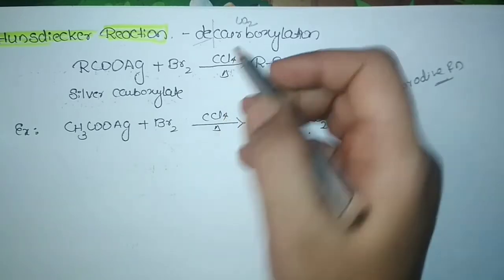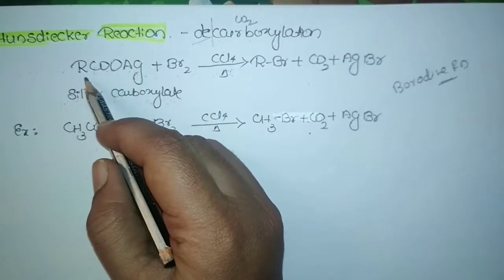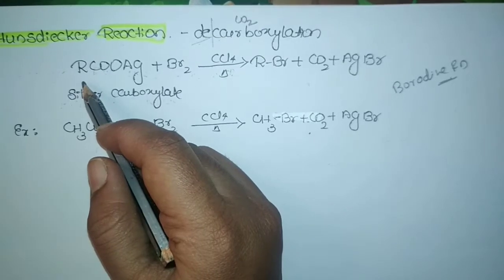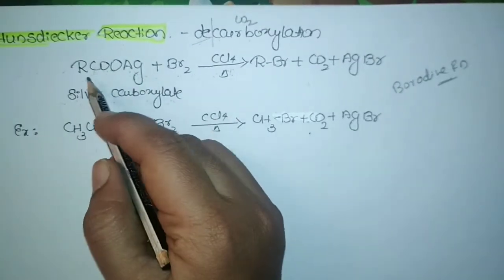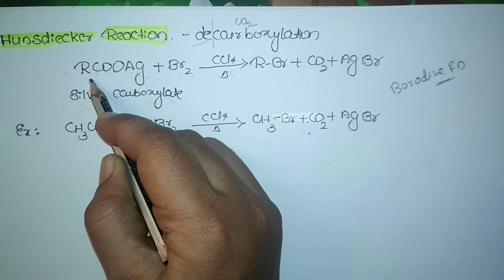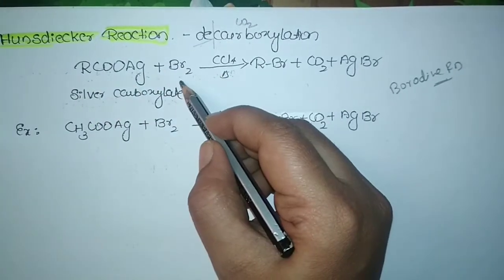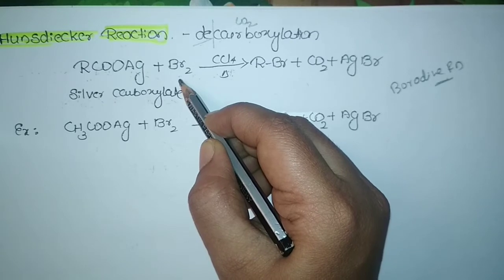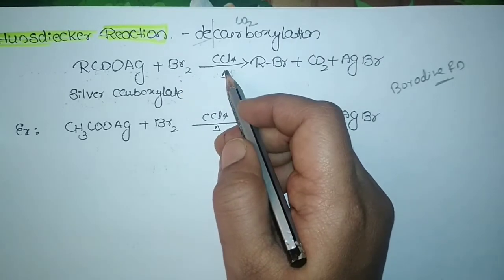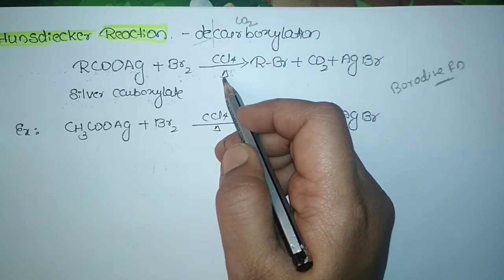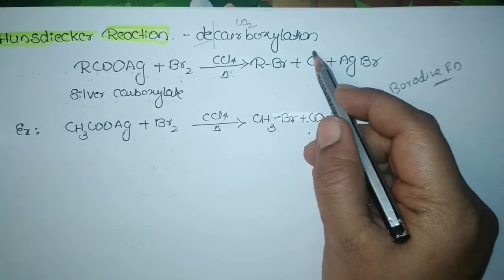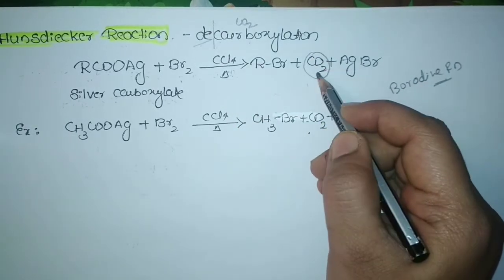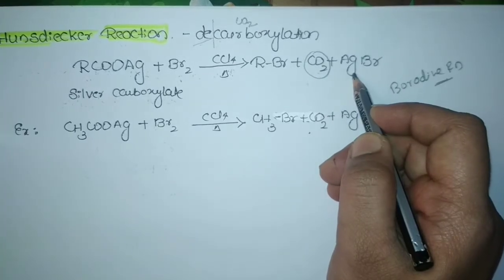So how is the reaction going to happen? The reactant I compulsorily need to take is silver carboxylate. When it is treated with a halogen, in the presence of carbon tetrachloride as a solvent, it results in the formation of an alkyl bromide and removal of carbon dioxide, and silver bromide is precipitated.